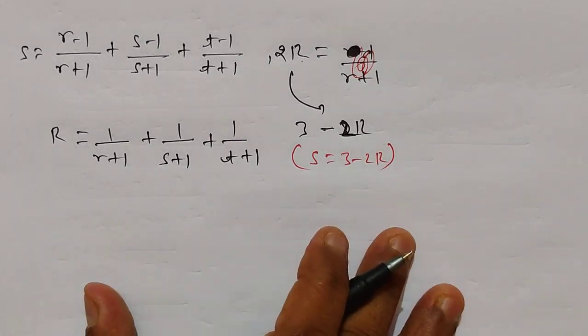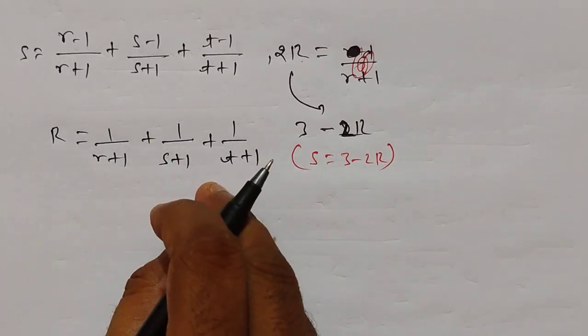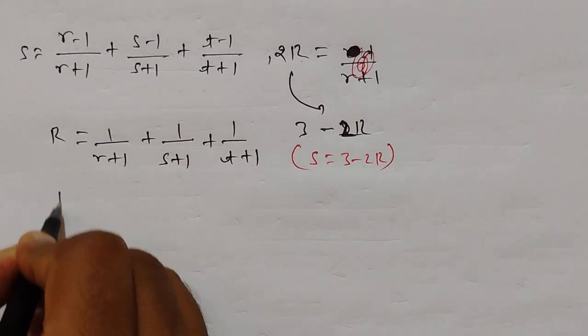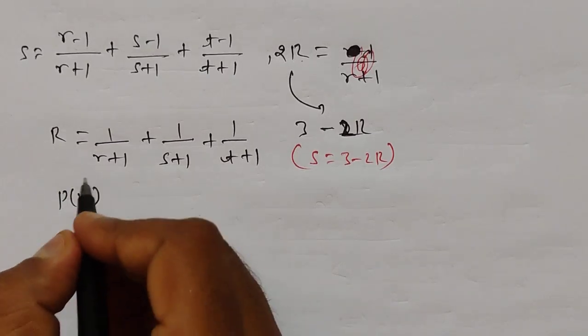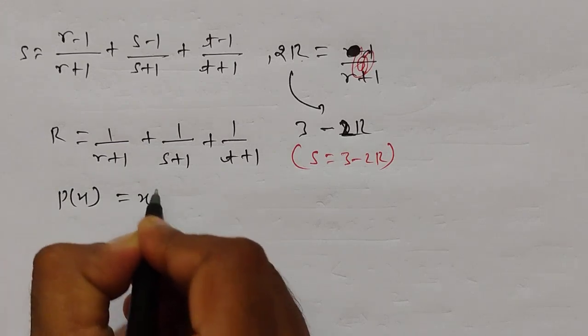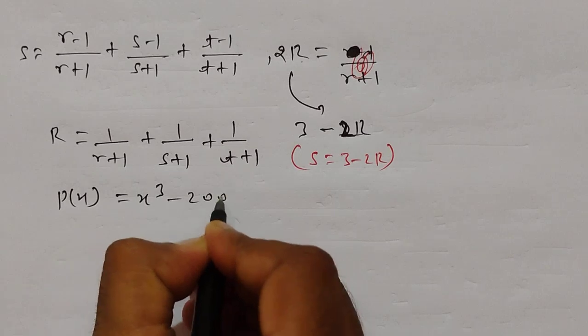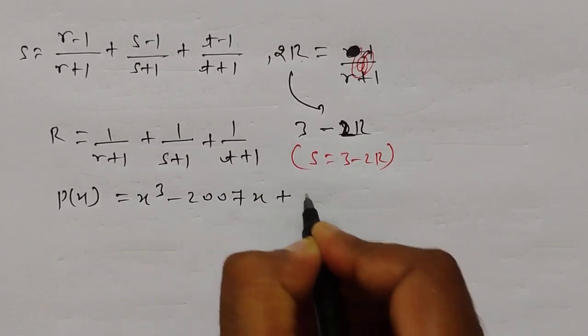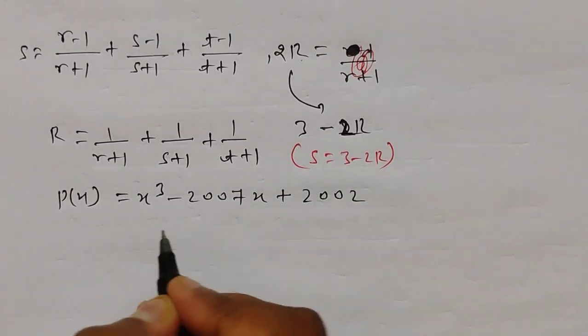So here r, s, t are the roots of the polynomial P(x), which is given as x cube minus 2007x plus 2002.